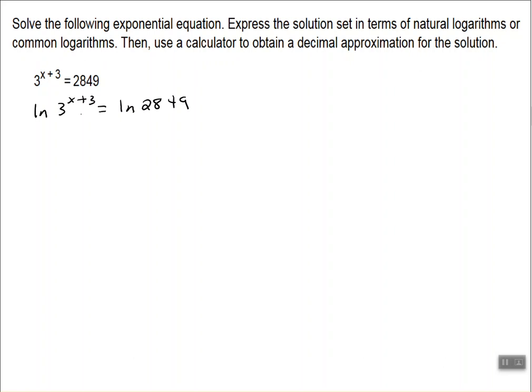All right, so now I can use the power rule for logarithms and pull this x plus 3 down as a factor, multiplying times the natural log of 3. Okay, and now we're trying to solve this for x, so I want to divide both sides by the natural log of 3.